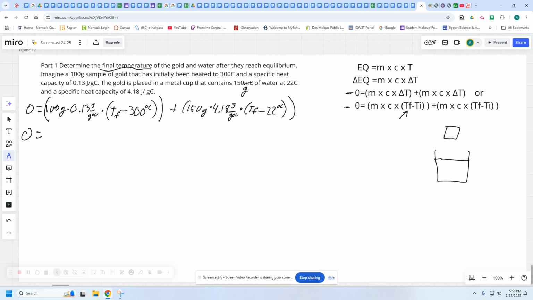So if you take 100 times the 0.13, you guys should get the grams canceling, and you should get 13 joules for every degree Celsius. And then you got to take and bring down the TF minus 300 still.